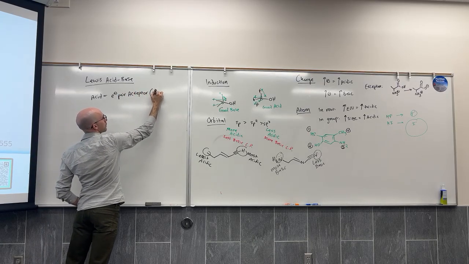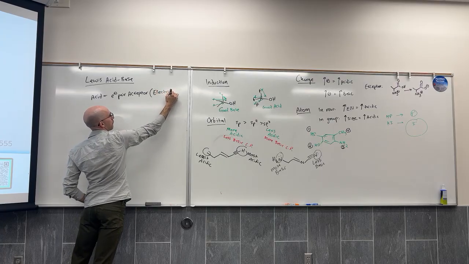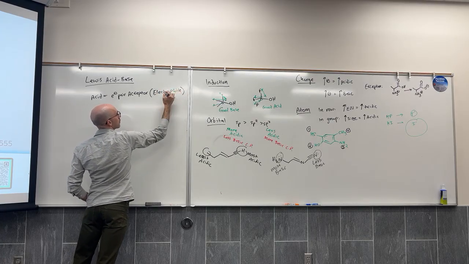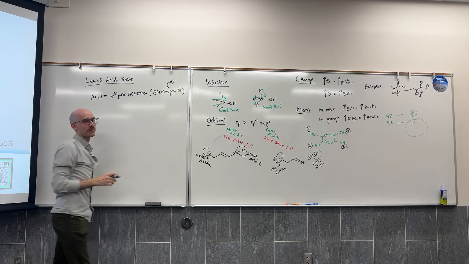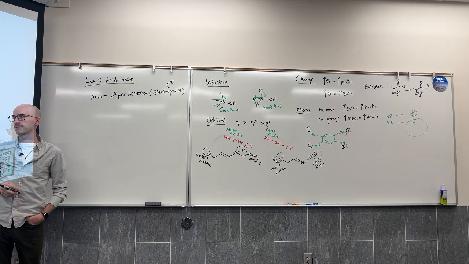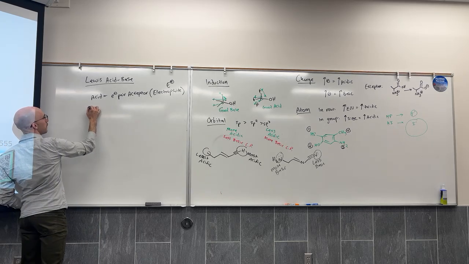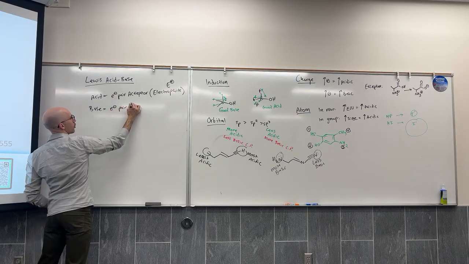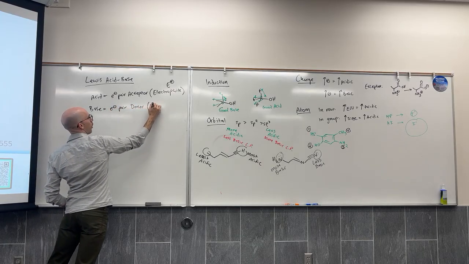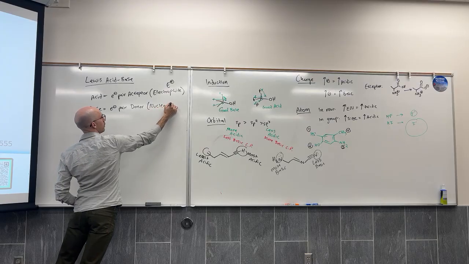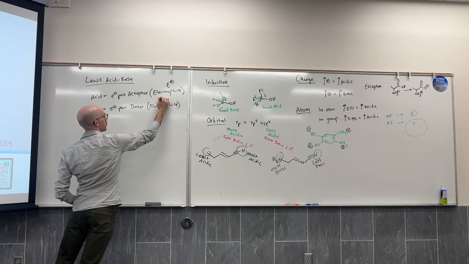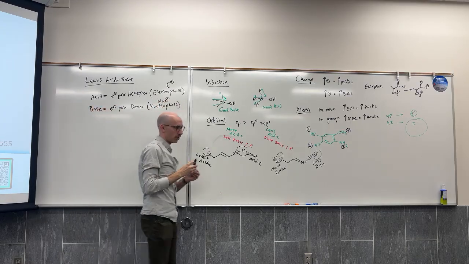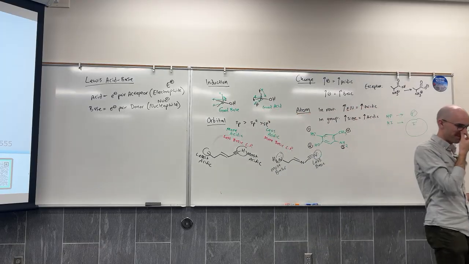We call this an electrophile. I like to abbreviate it as E+. A Lewis base is an electron pair donor. We call this a nucleophile because it bonds to a nucleus, and I like to call this nuc minus.